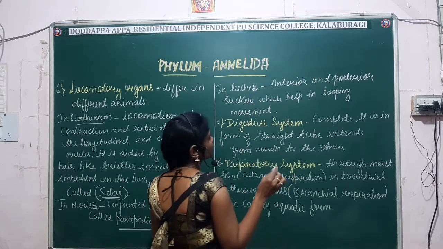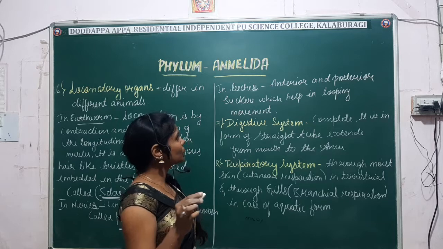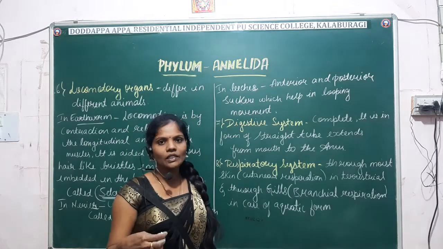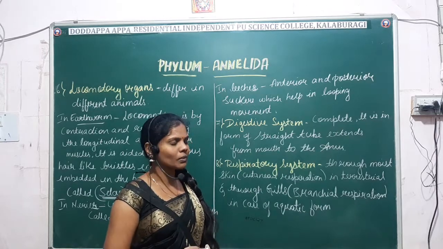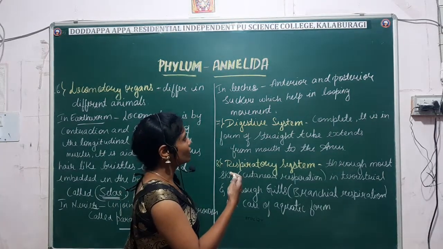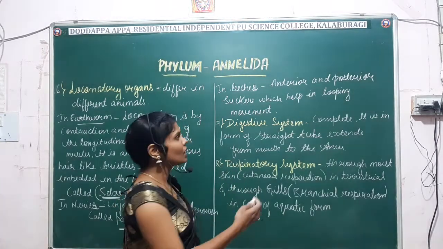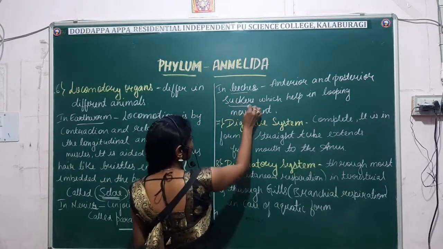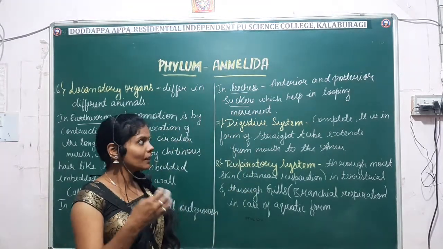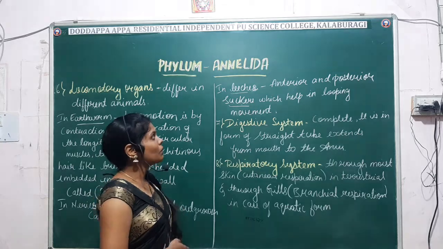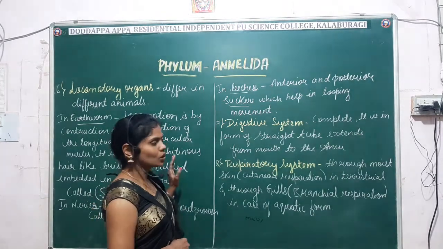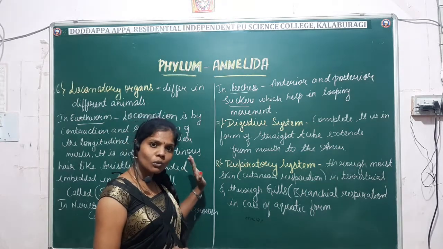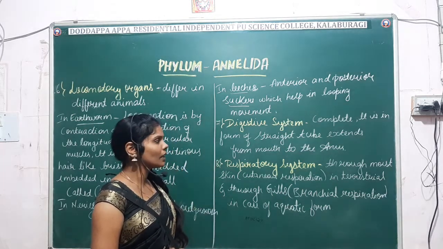Leeches have anterior and posterior suckers, which help in the looping movement. Apart from this, they also help in swimming. So these are the different types of locomotory organs present in different animals.